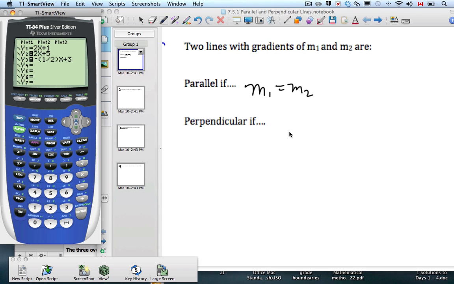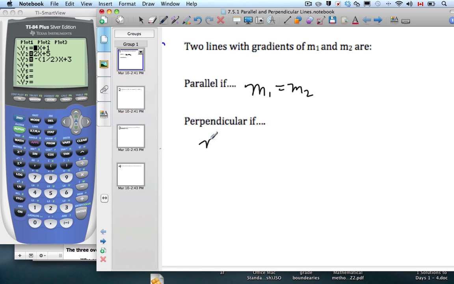plus b, those are actually opposite reciprocals. Right. So we flip the fraction upside down. Slope is opposite reciprocals. So opposite meaning opposite sign, right? So you change the sign. So let's see, if I had, for example, a slope of 2, the opposite reciprocal of that would be negative 1/2.